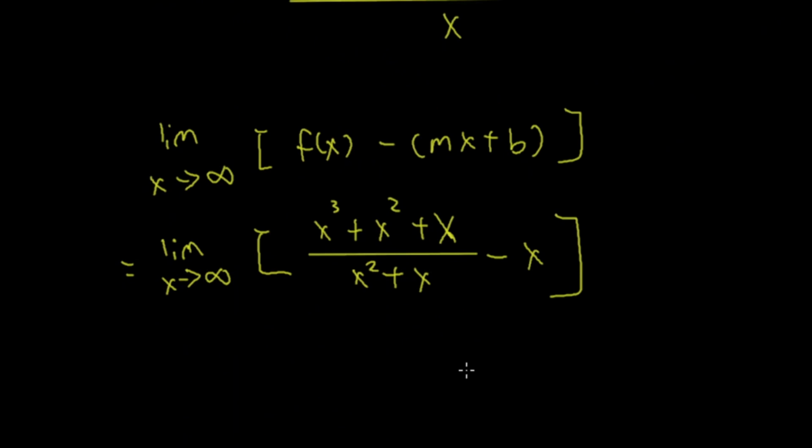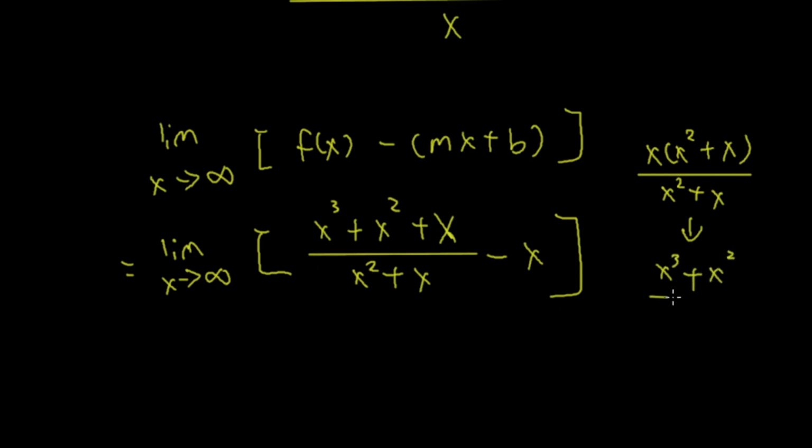Okay, so we have to find the common denominator to group this term together. So let's do it here. I have x times x squared plus x divided by x squared plus x. And that gives me x times x squared is x cubed plus x times x is x squared, divided by x squared plus x.